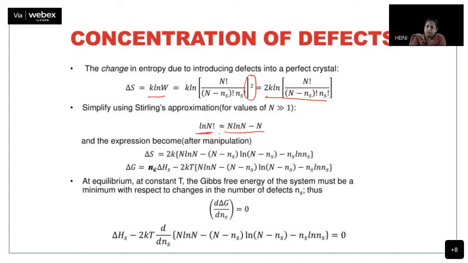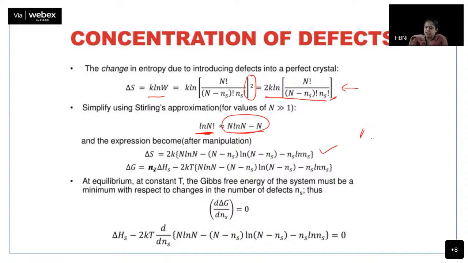Once you apply the Stirling approximation to this expression, first you can expand it as log natural of A by B, so you can write log natural A minus log natural B. Then when you reach this stage, you apply this formula, and it will give you this. Now, this is delta S. So what is delta G?